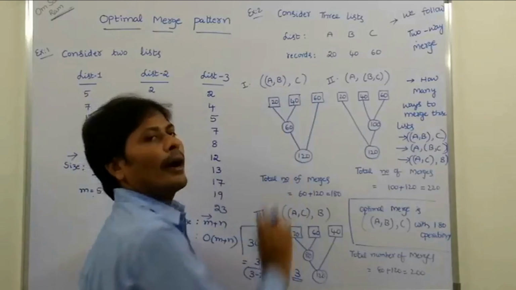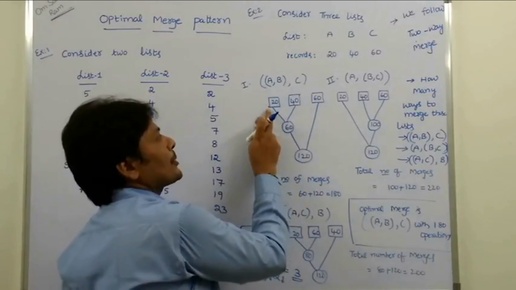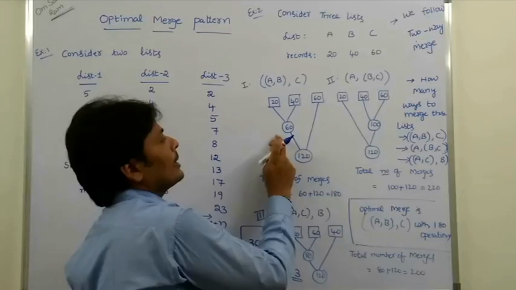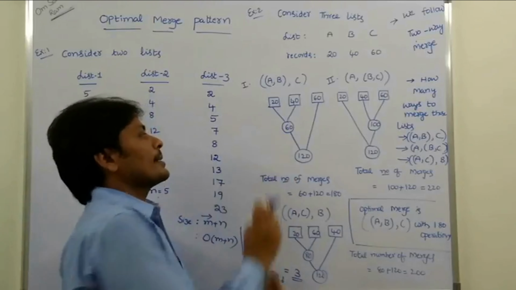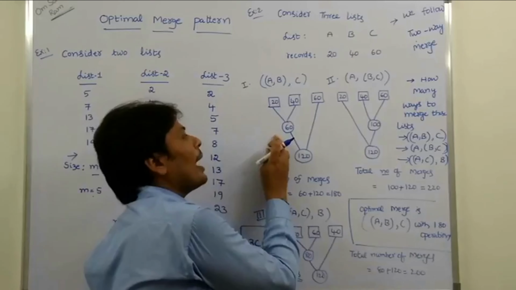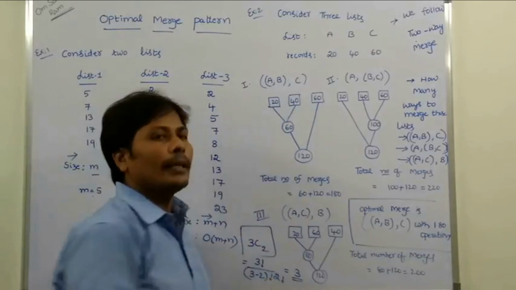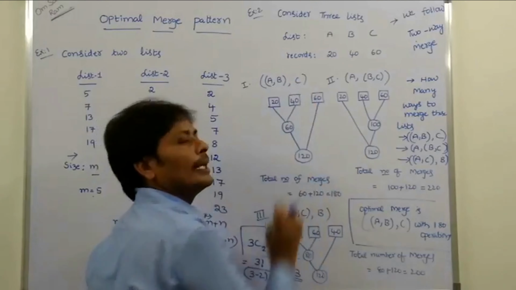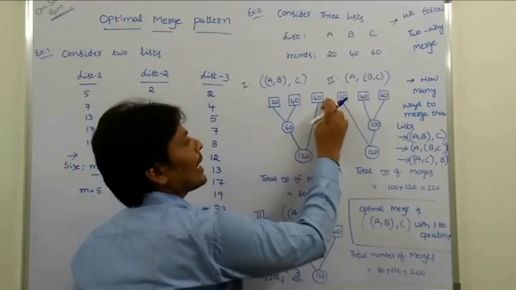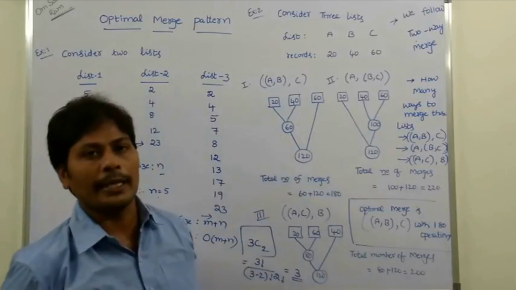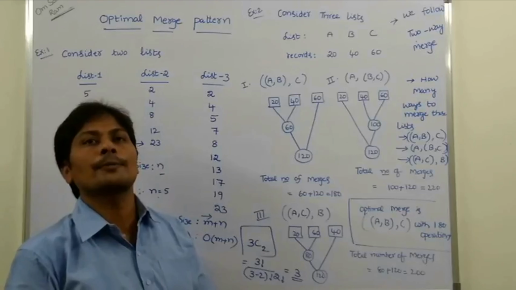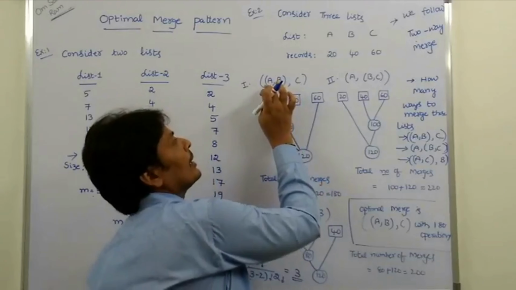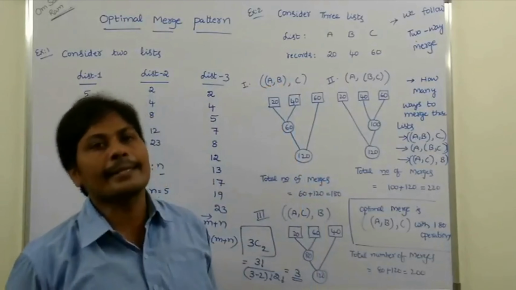First we merge A and B, so 20 plus 40, that is 60 comparisons required to merge list A and list B. This merged result is merged with list C, so 60 plus 60, that is 120. So 120 comparisons are required to merge A, B with C.